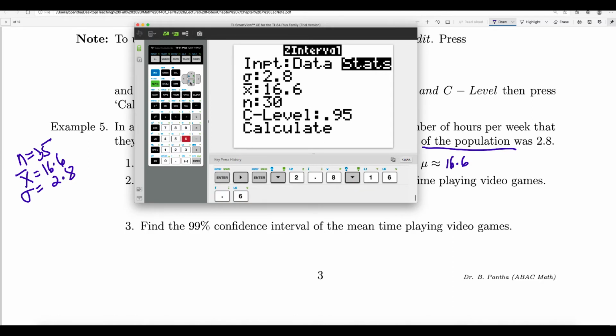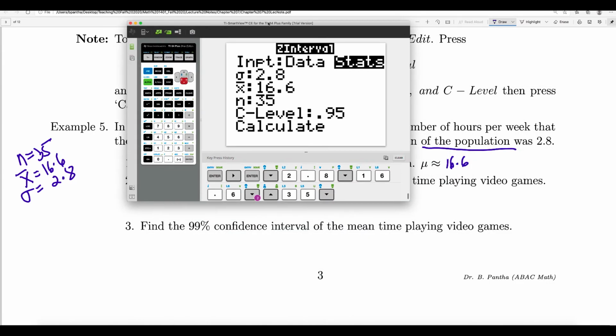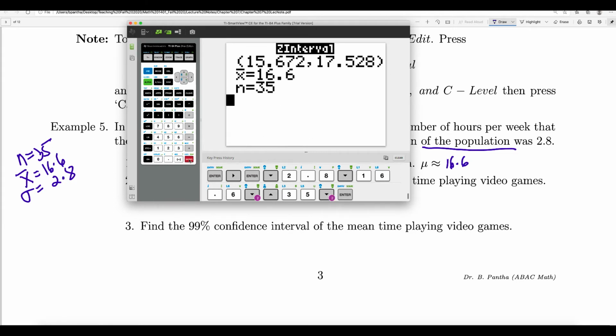And n is how much? 35. What is the confidence level for part B? It is 95%. It is already 95 here, so you don't need to enter that. Then hit enter. You get 15.672 and 17.528.